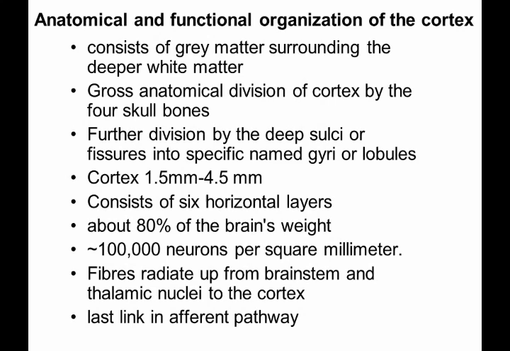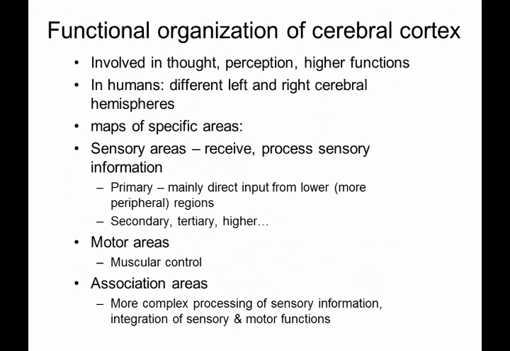So our auditory information went up from the auditory nerve. Here it ends, but not as simple as that. Functionally, we know that the auditory cortex is certainly involved in thought and perception and all higher functions of the brain. So in fact, if you're under anesthetics, what is anesthetized is only the cortex, but not the brainstem.